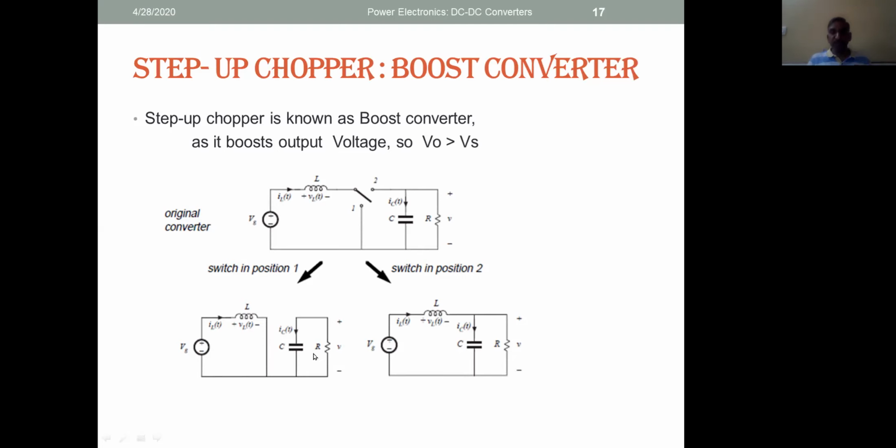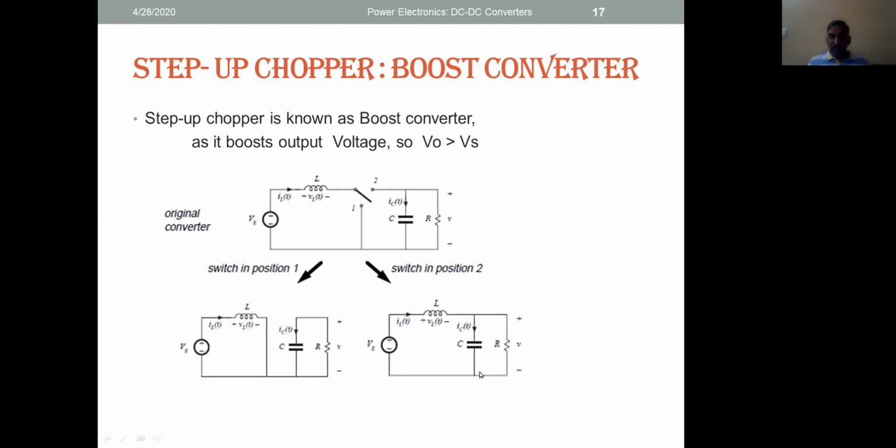Capacitor and resistor form another loop. But as the switch is disconnected, these two are independent loops. So when the switch is closed, now the switch is in position 2, meaning on period typically. Inductor is storing energy because there is no change in this path.